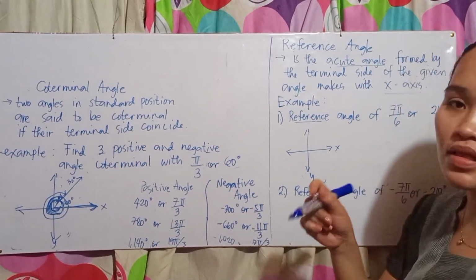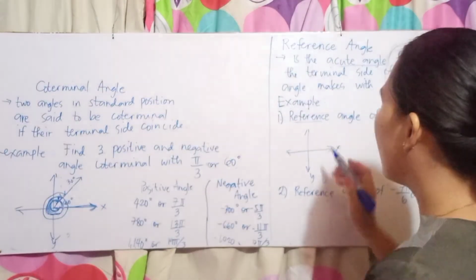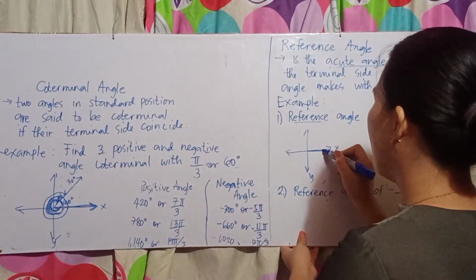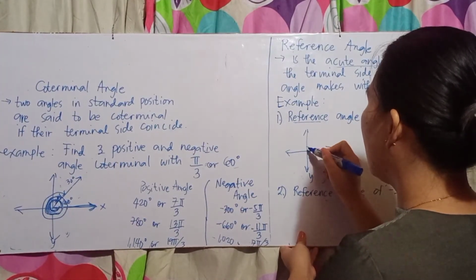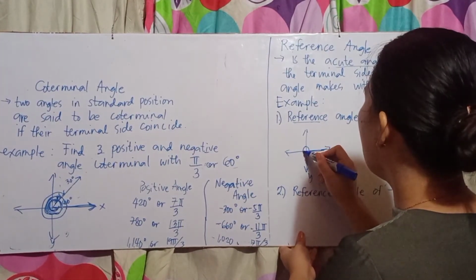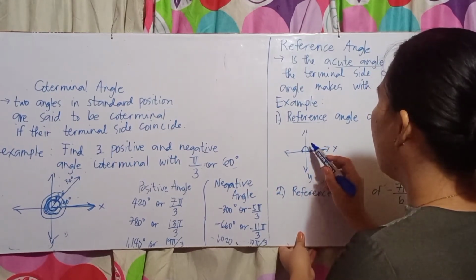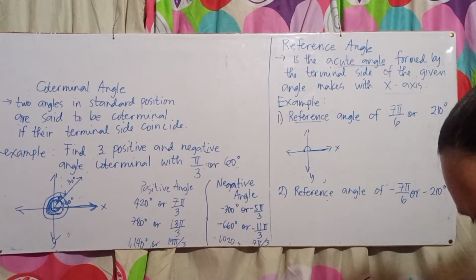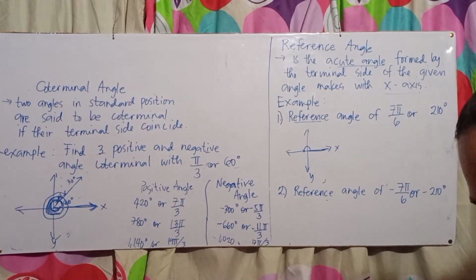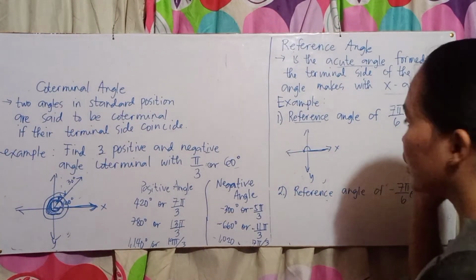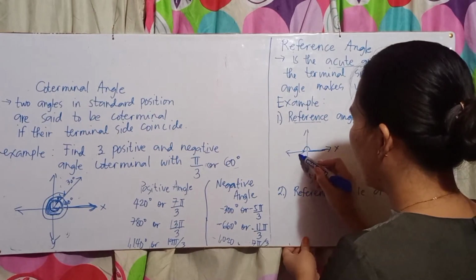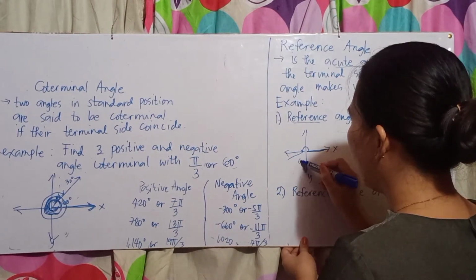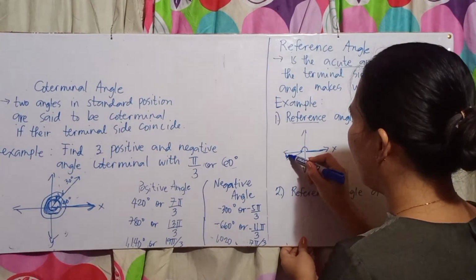So, since positive, so, counterclockwise ang rotation. So, padulong 90 plus 90, 180. So, pila na lang kulang? So, 30. Dira, 30 na lang.